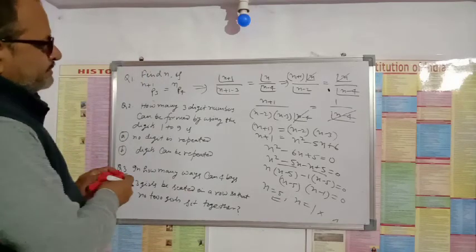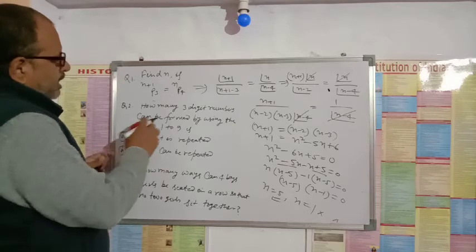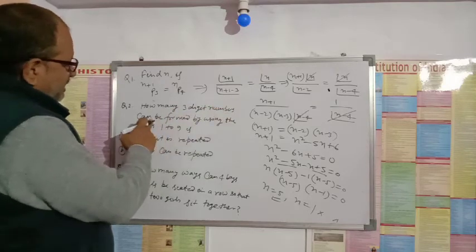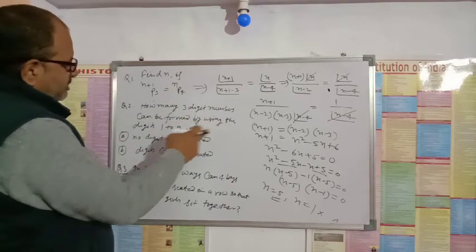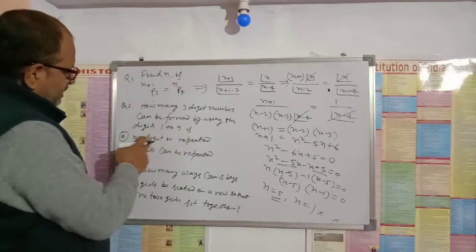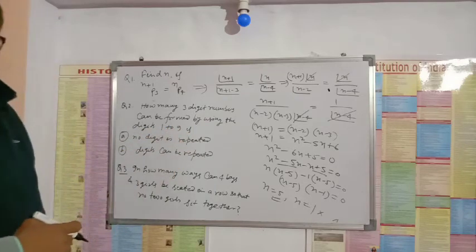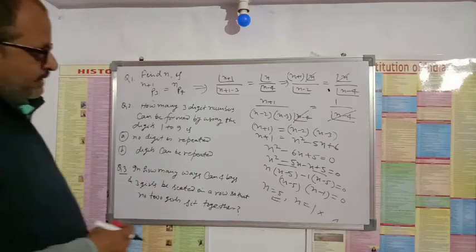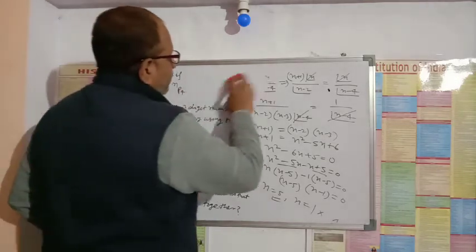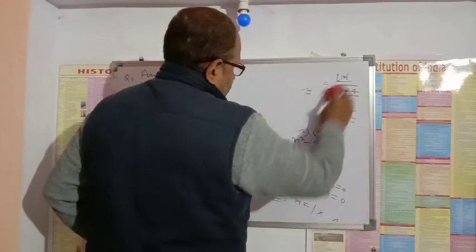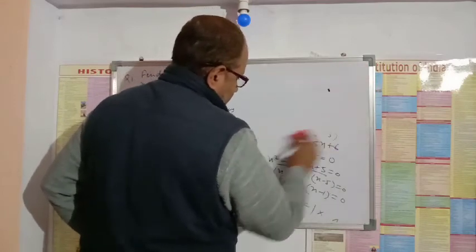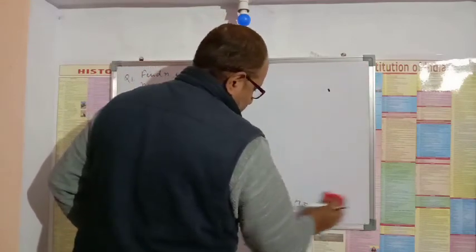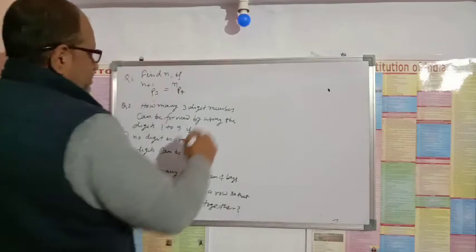See the second one. Second, how many 3-digit numbers can be formed by using the digits 1 to 9 if no digit is repeated? In the second part, digits can be repeated. See the second question.